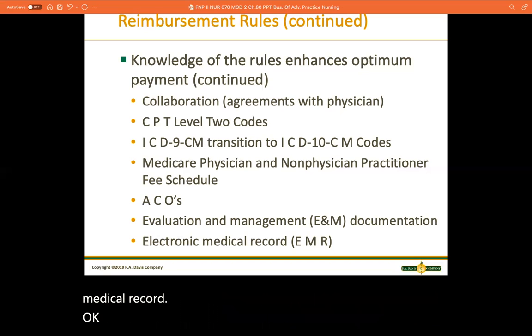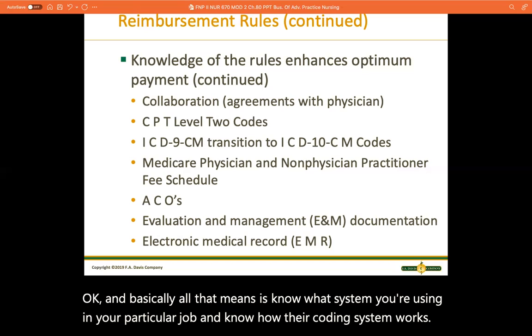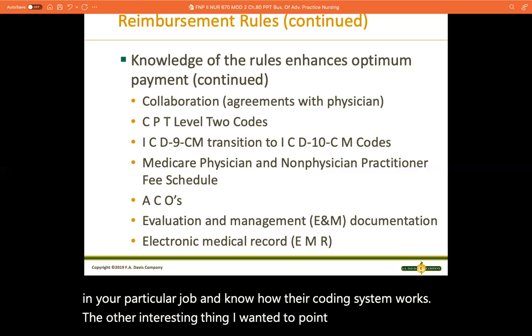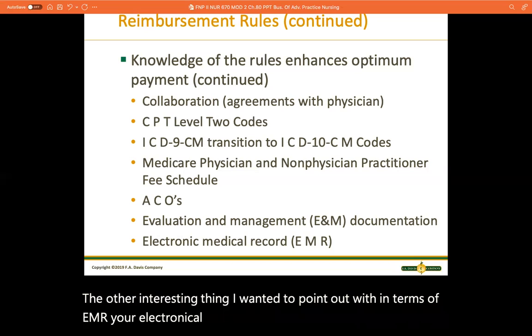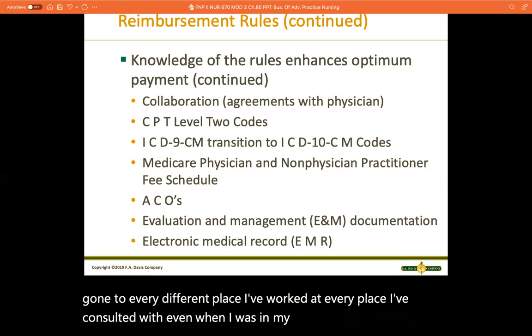Okay, and basically all that means is know what system you're using in your particular job and know how their coding system works. The other interesting thing I wanted to point out was in terms of your EMR, your electronic medical record, every single place I've gone to, every different place I've worked at, every place I've consulted with, even when I was in my clinicals at Danbury Hospital, everybody has a different way of billing.